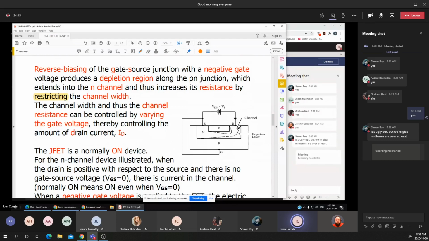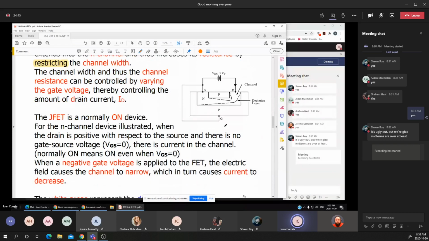You notice that I have the drain and the source. Due to the depletion region created on each side of the PN junction, the current that flows between the drain and the source will be controlled by the voltage applied on the gate of the transistor.